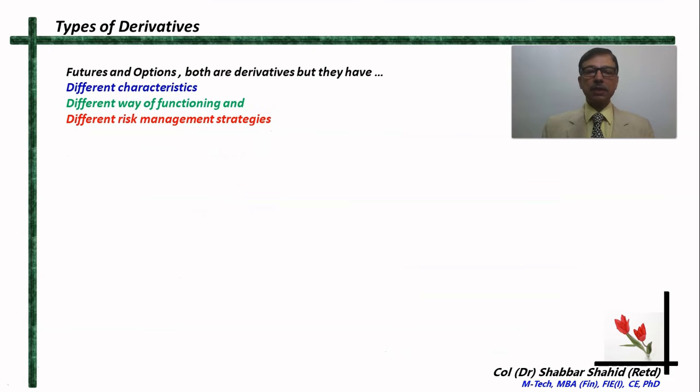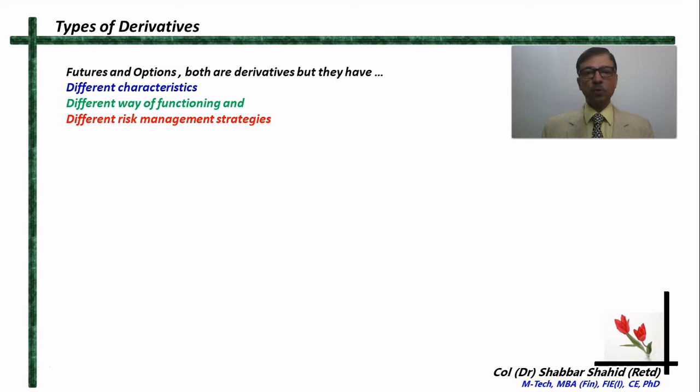See, remember, the futures and options both are derivatives, but they have different characteristics, different way of functioning, and they require different risk management strategies. Normally, people who are in the learning stage, they commit the mistake of learning them together and practicing them together.